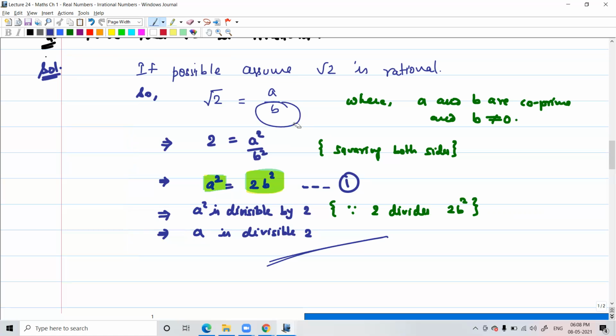That's the strategy I'm telling you, what we are going to do next. Just now, I have shown that a is divisible by 2. Now we are going to show that b is also divisible by 2. But we had assumed that a and b are co-primes, which should not have any common factor. And then we are showing that both of them are divisible by 2. So that is a contradiction, right?